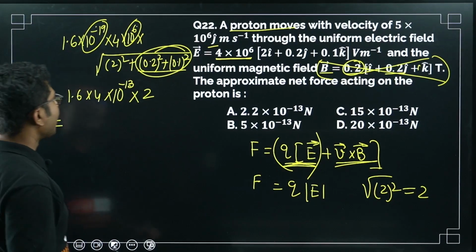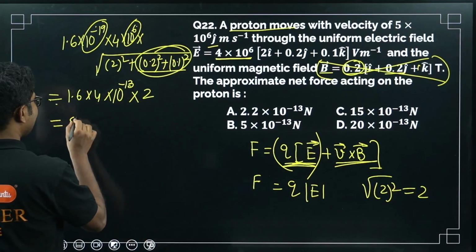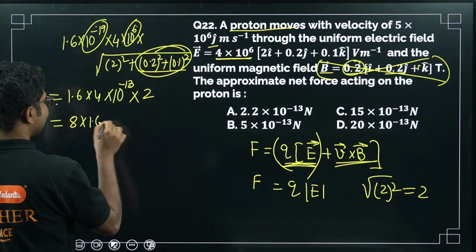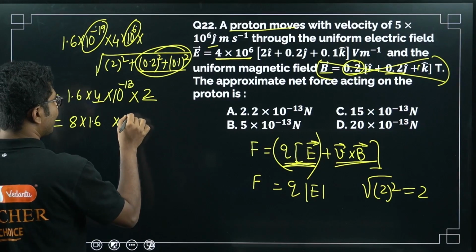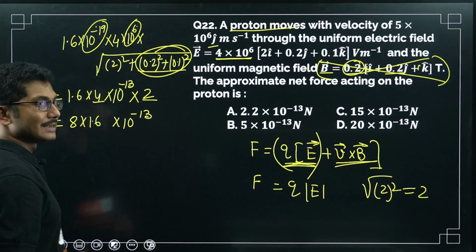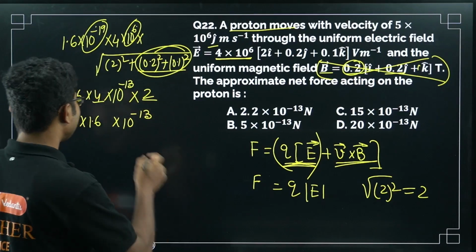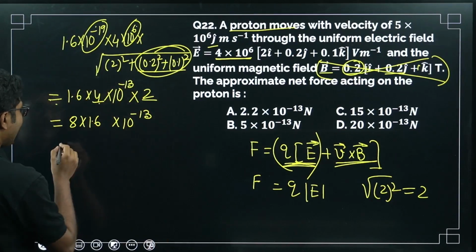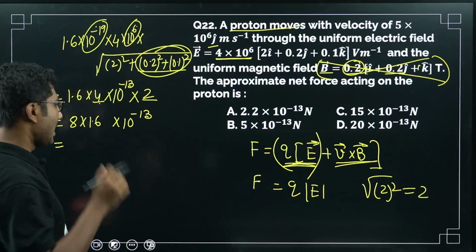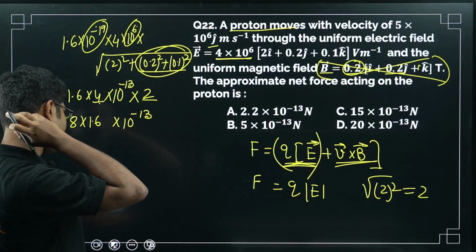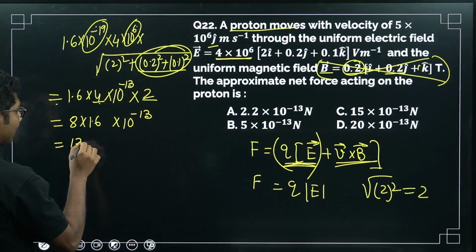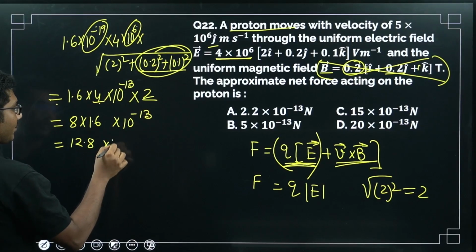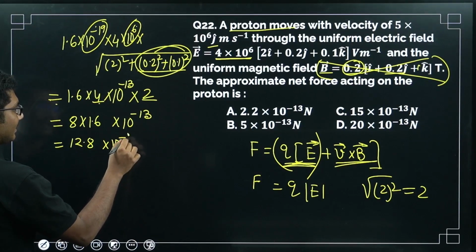So now what is the value? 8 times 1.6, 4 to the 8. So you don't wonder from where, sir, you have written this 8, you have made some mistake. This is 4 times 8, so it will be 8 ones are 8 and 4.8, so it will be 12.8 times 10 to the power of minus 13.